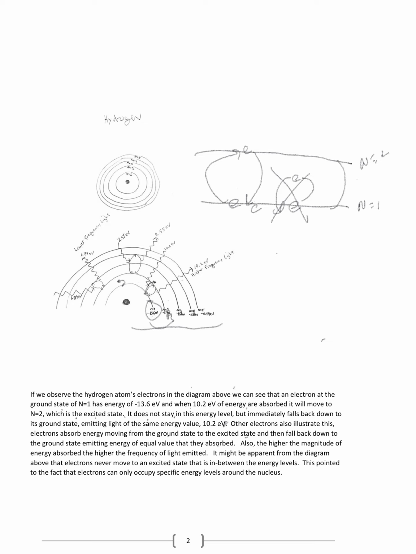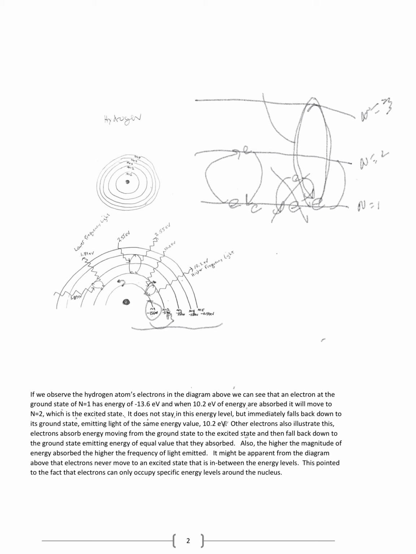It could jump up two. Let's say this is n equals 3. Okay, an electron could move from this first energy state all the way up to n equals 3 and then fall back down. If it does that, because it takes more energy to go up to here, it's going to release more energy when it falls back down.